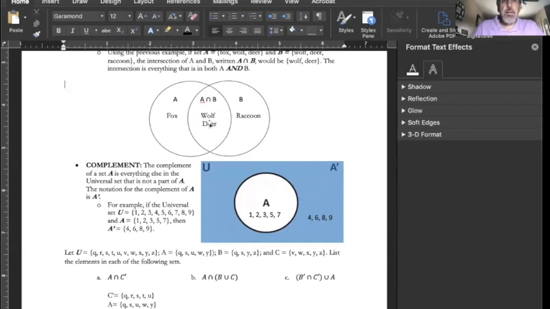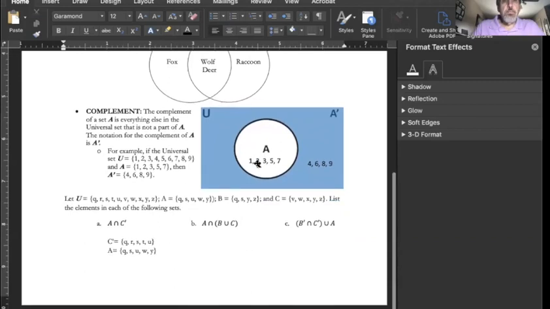What's in both of them is wolf and deer. This football-shaped region is called the intersection, and that's where both the wolf and the deer would appear in this diagram. It's called a Venn diagram, a diagram that we use to visually interpret logical statements.